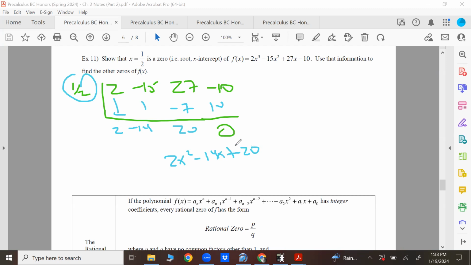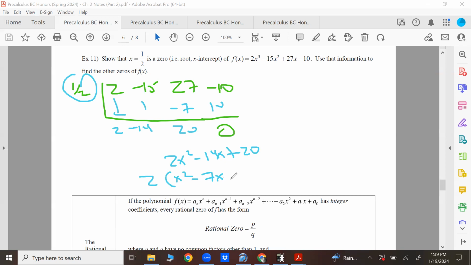Go ahead, Catherine. So actually, before we get too carried away, let's pull the 2 out first. That'd be a good idea. And that should be pretty easy factoring.